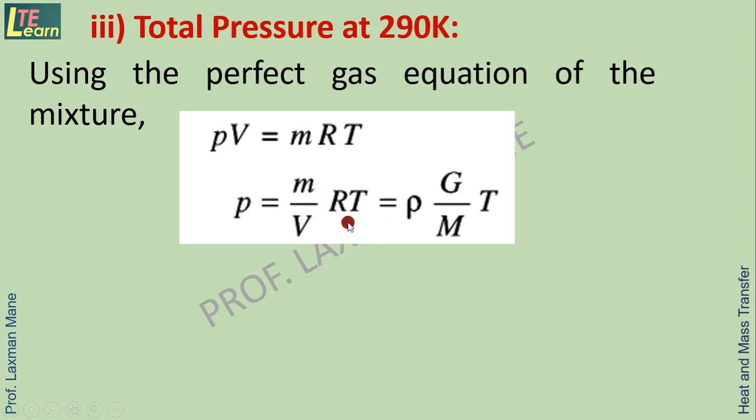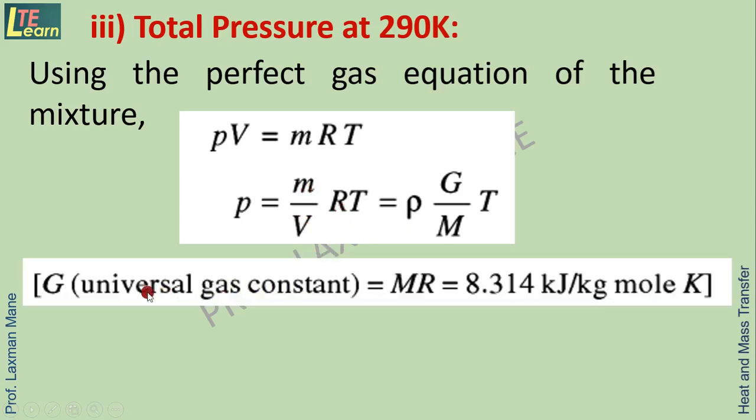Further, for this R, we know that the universal gas constant is equal to capital M into R. So R will be equal to what? G by M. So for this R, we have written G by M. The value of G is the universal gas constant.